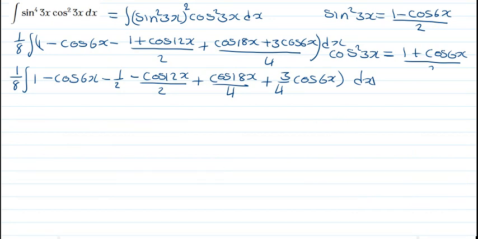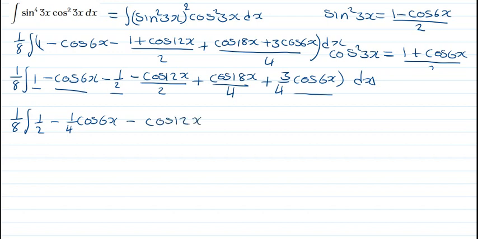So we're going to have 1 over 8, the integral of 1 minus half, we're going to get 1 over 2. Then negative cos 6x plus 3 over 4 cos 6x, we're going to get negative 1 over 4 cos 6x. Then minus cos 12x, everything over 2, and plus cos 18x over 4, everything multiplied by dx.